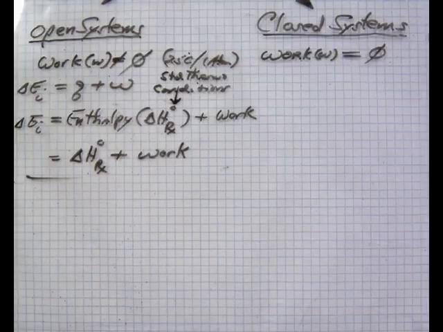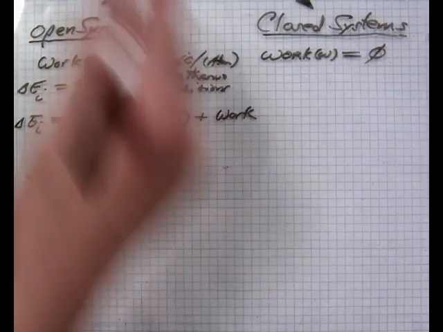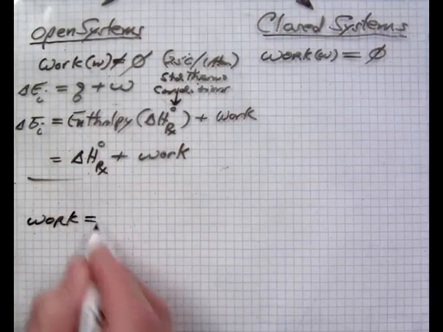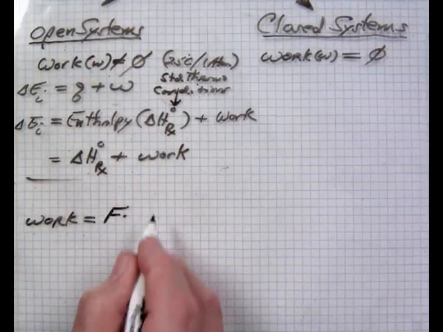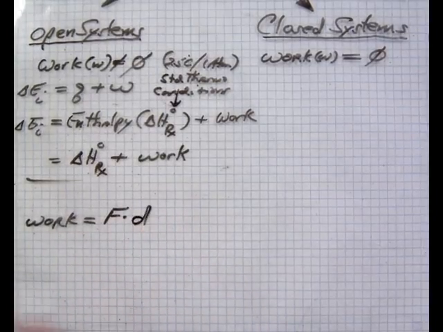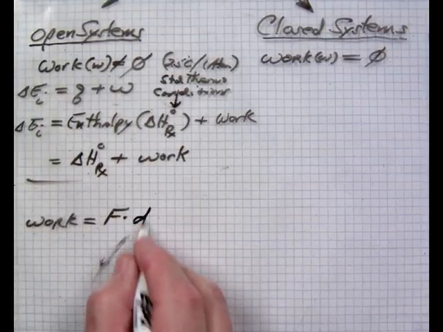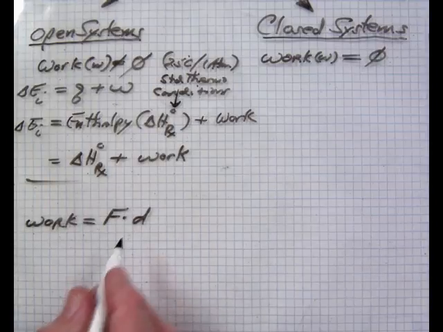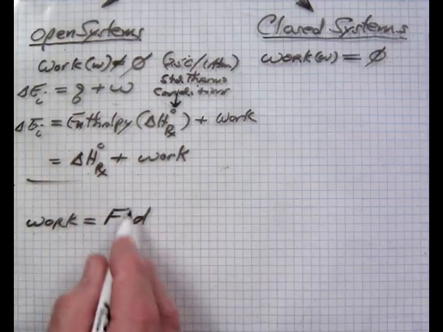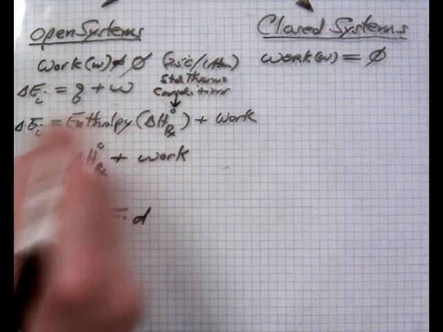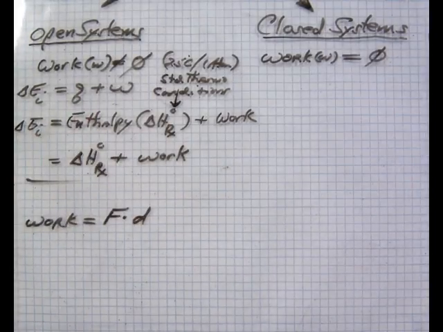Now, to understand the work part of this first law equation, we have to go back to the definition. Work is force times a distance, lowercase d. And we want to find something that will substitute for this force issue that applies to chemical reactions, and that is pressure.